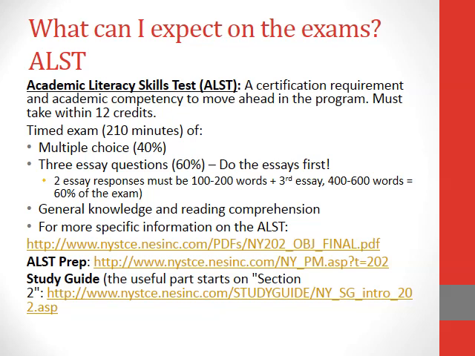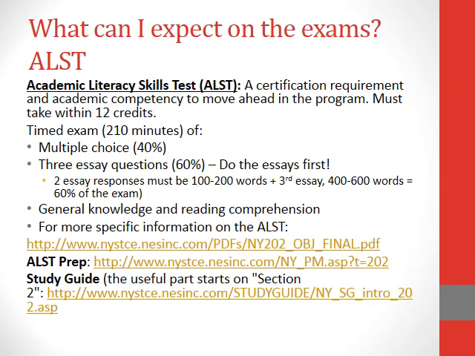The Academic Literacy Skills Test must be taken within 12 credits. It really is a critical reading and writing test. It consists of 3.5 hours, 210 minutes, of multiple choice and then 3 essay questions.